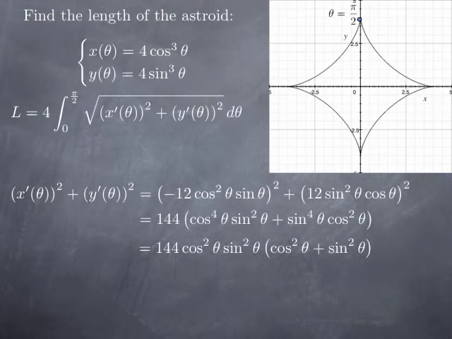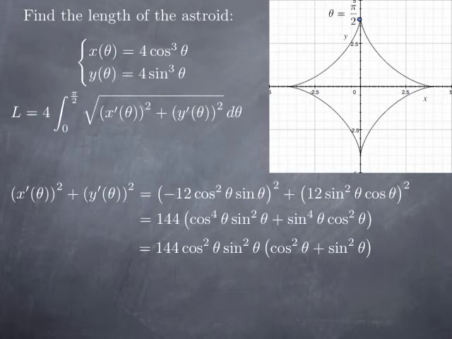So we obtain this, and of course what we have in the parenthesis on the right hand side now is just 1. So we obtain 144 cosine square theta multiplied by sine square theta. And this is a quantity that we're going to plug inside the square root in our formula for L. And the square root of that is of course 12 cosine theta sine theta.